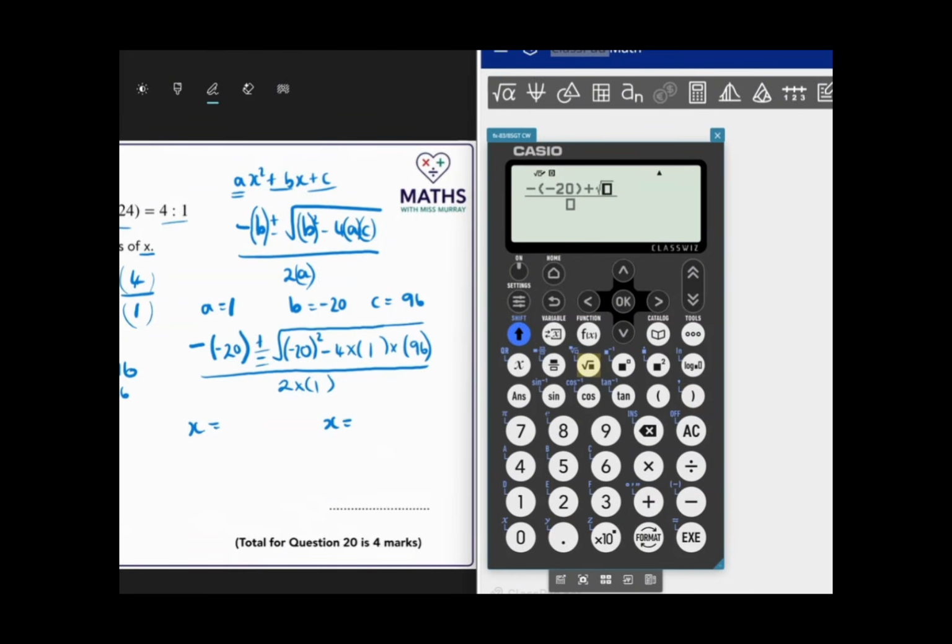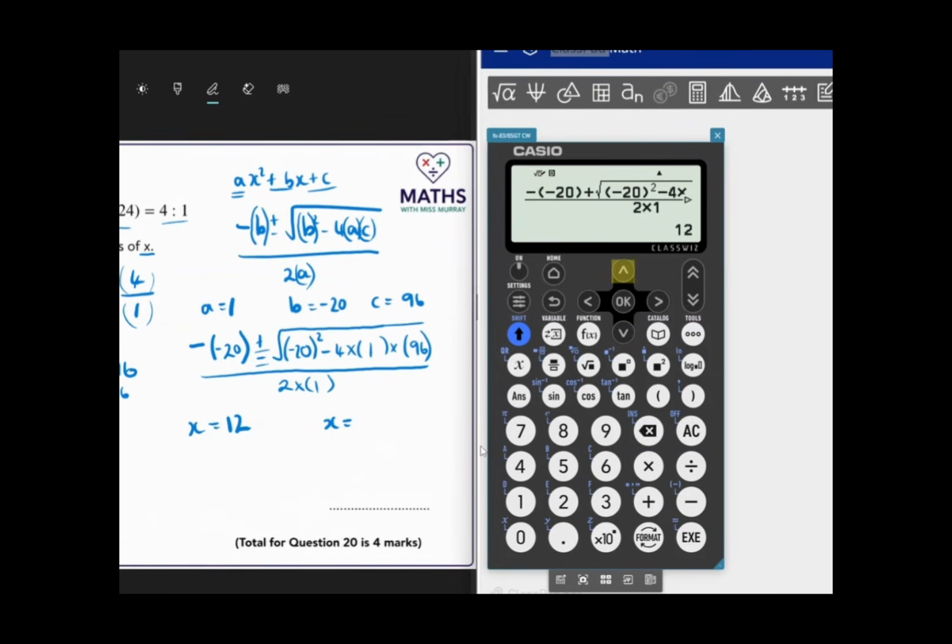The square root of negative 20 squared minus 4 times 1 times 96. And then I'm going to go down and I'm going to do 2 times 1. I don't really need the bracket there because I know what 2 times 1 is. So that gives me my first answer for x, which is 12.